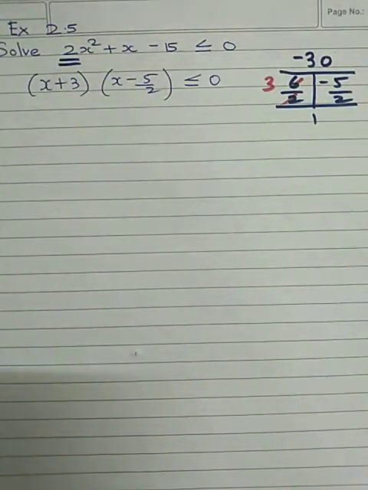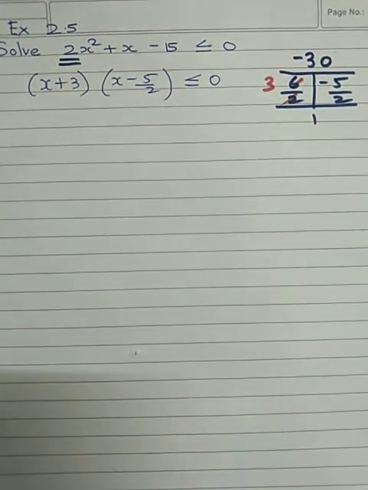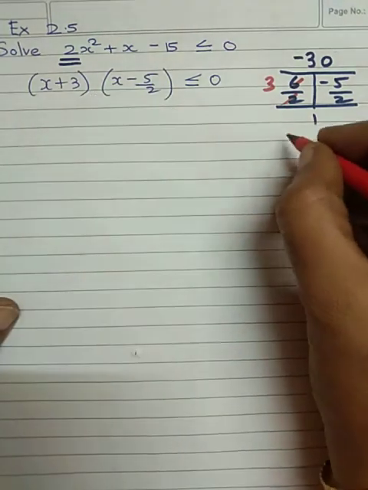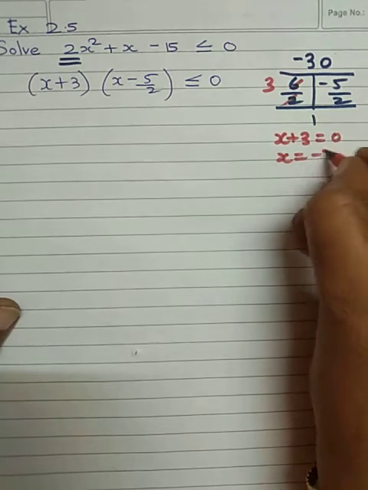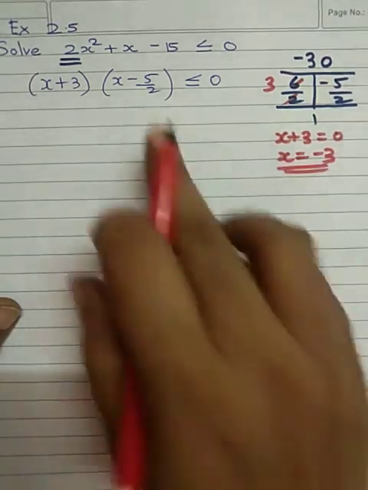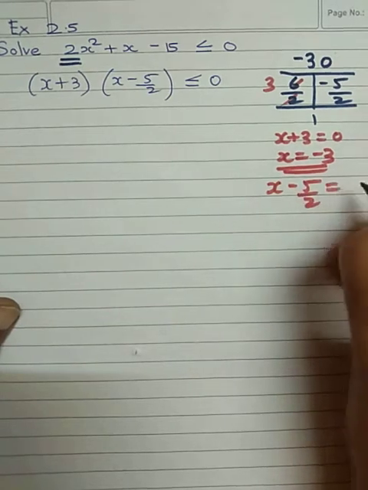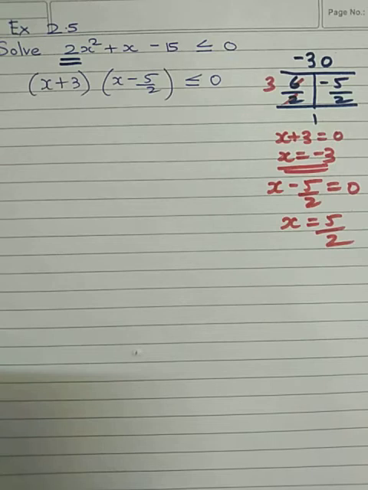Now at this stage, again in the rough column, let me equate these two brackets to 0. When I equate the first bracket to 0, I will have x = −3. Similarly, the second bracket, when I equate to 0, gives x = 5/2.